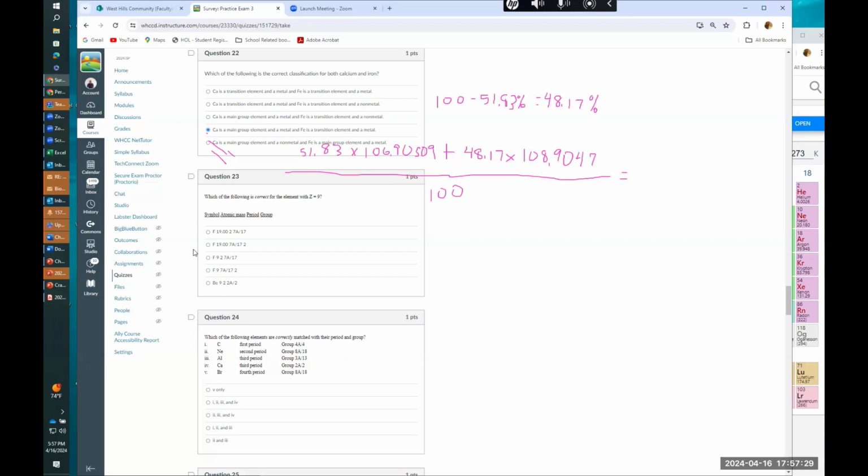I'm getting confused right here. I'm getting confused with this two and that two.